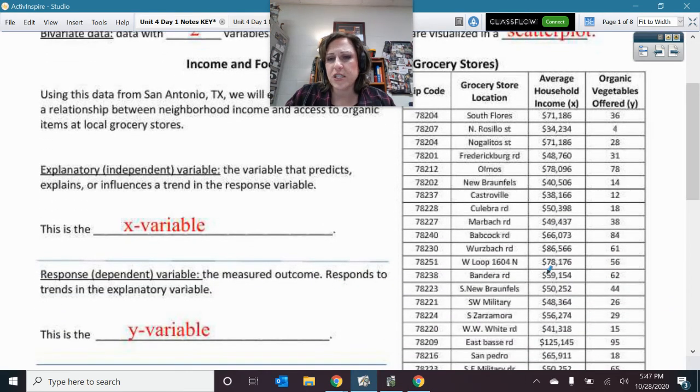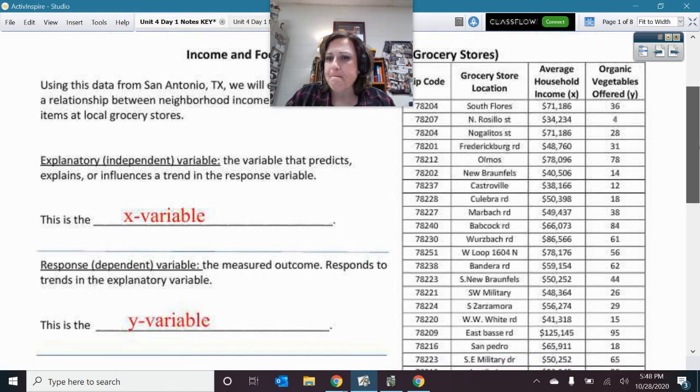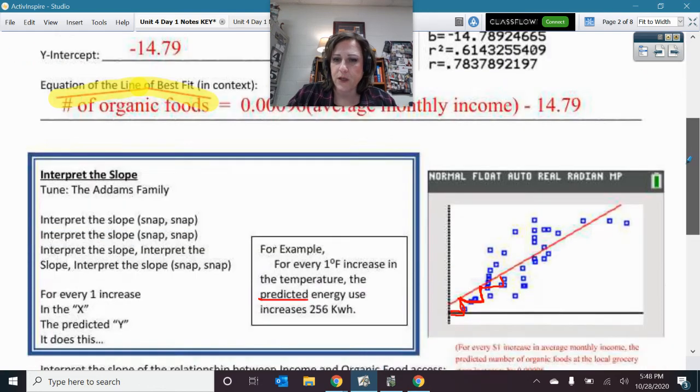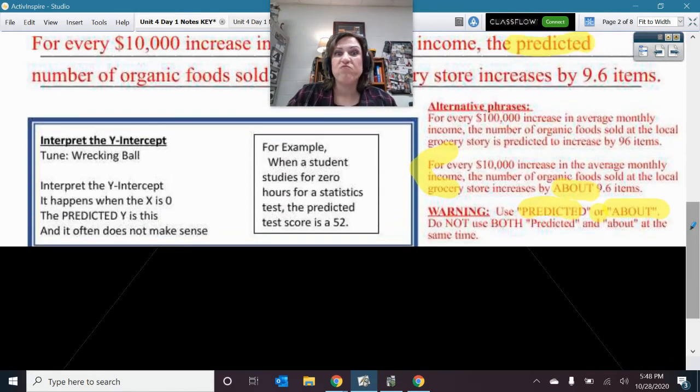I thought increasing by 10,000 seemed to be a more normal thing to increase by. So that's why I don't prefer that one. But it's super important to only use predicted or about, not both.